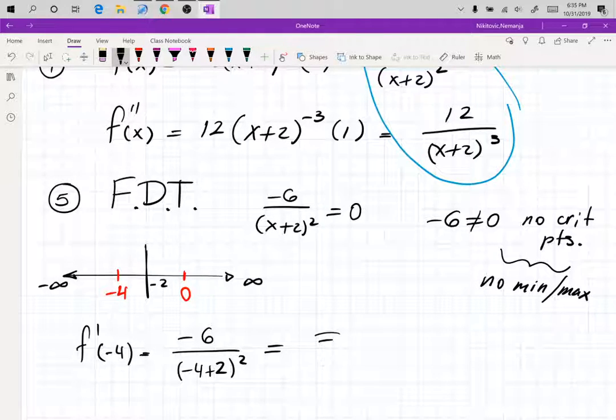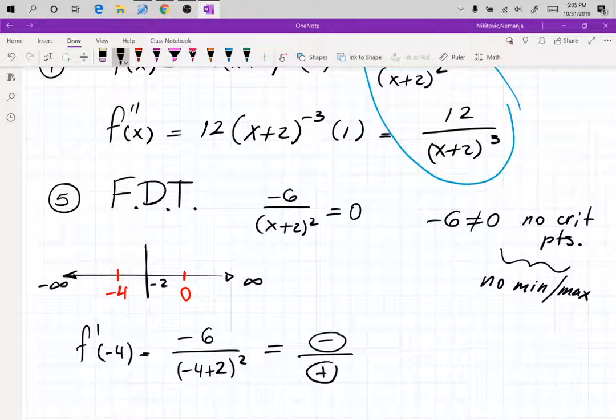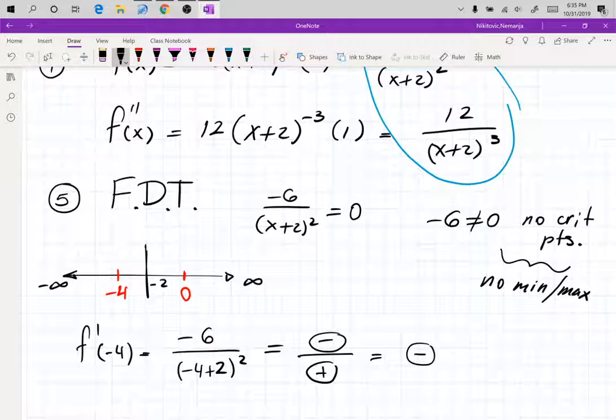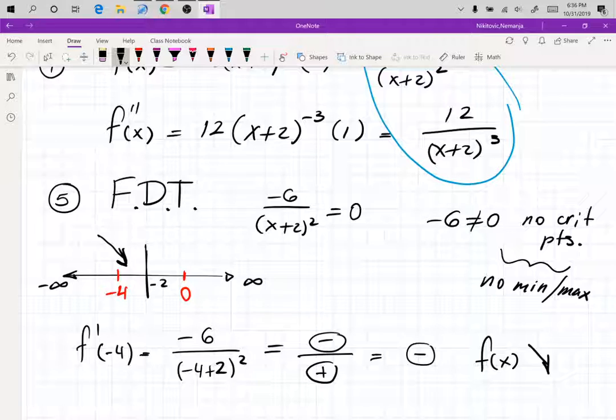So the numerator is negative because of -6, and the denominator is always positive because of a square. When you divide negative by positive, you get negative, and that means that you have a decrease, right? So f of x is going to decrease on that one.